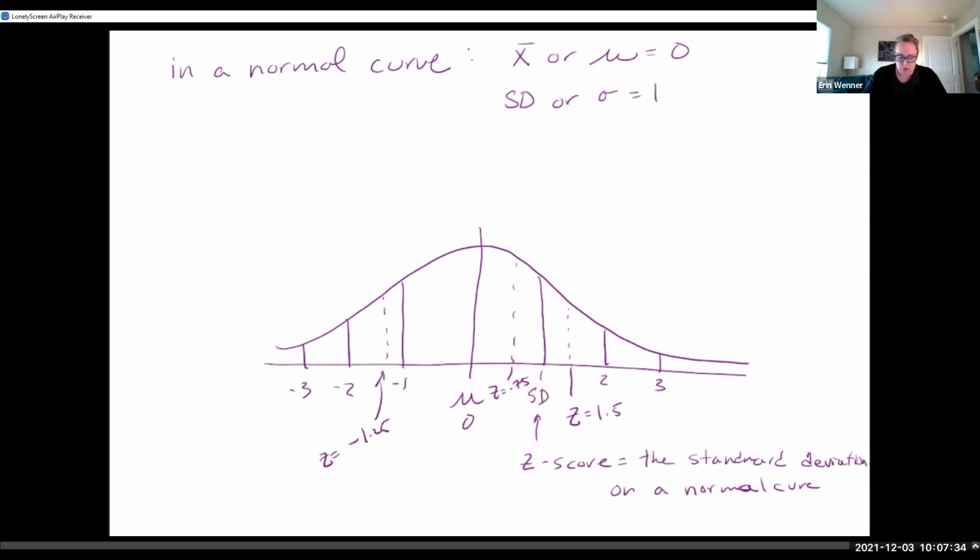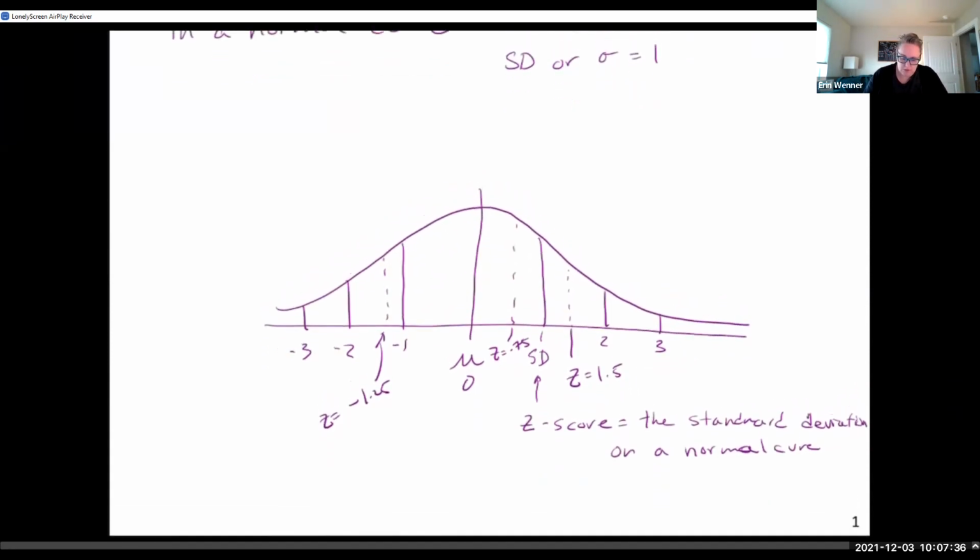Okay, so when we think about z-scores, there are two ways that we can find them. The z-score is z equals x minus the mean over sigma, or you can also see it as x minus mu over sigma.